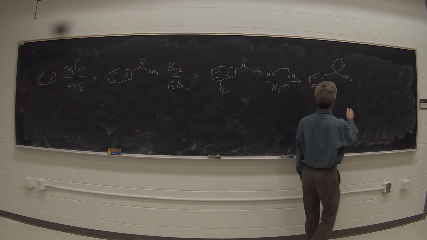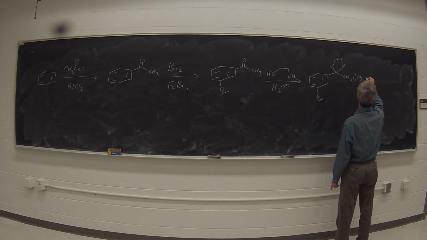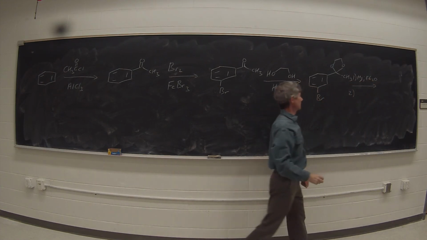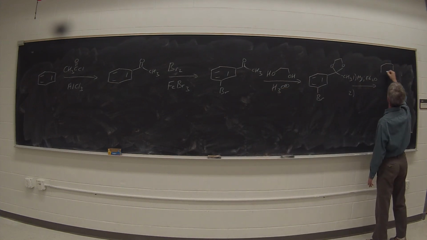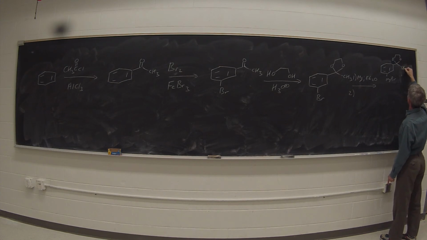Now we can do a Grignard reaction by treating this with magnesium in ether to make the magnesium bromide compound. Grignard reagent will look like this, without touching the protecting group.